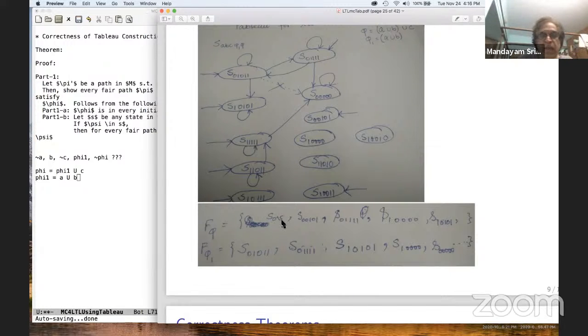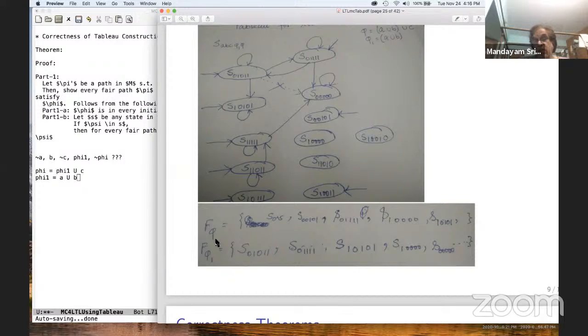That includes the states that include the negation of the formula, and the ones in which the second argument to that until operator is true. And remember how fairness constraints have to be done.